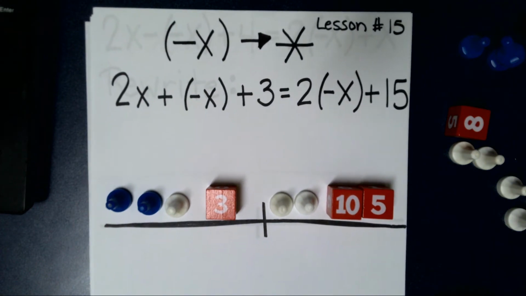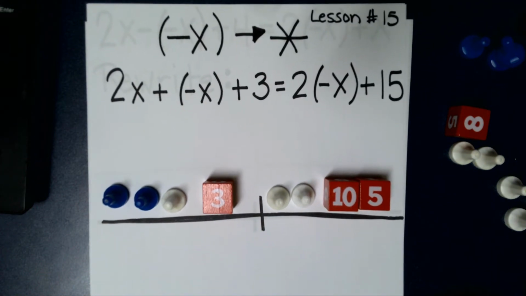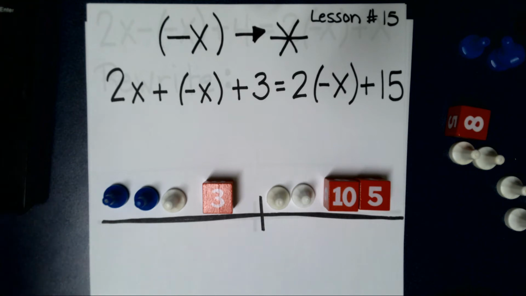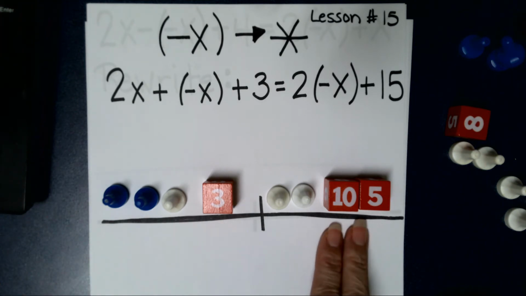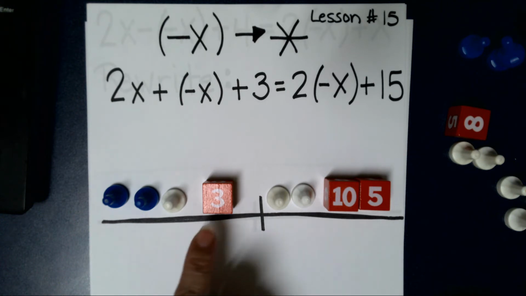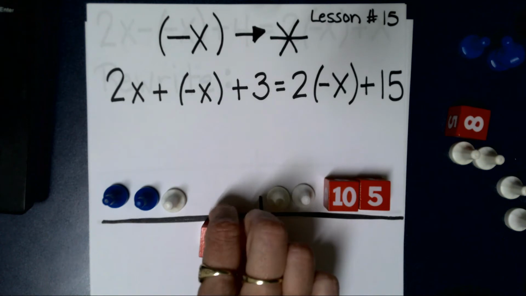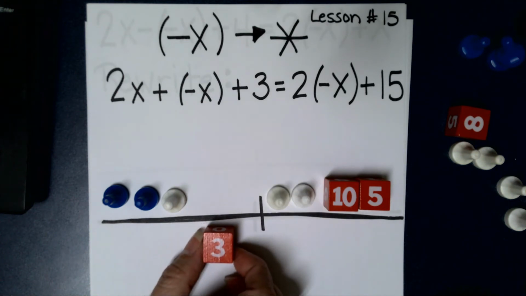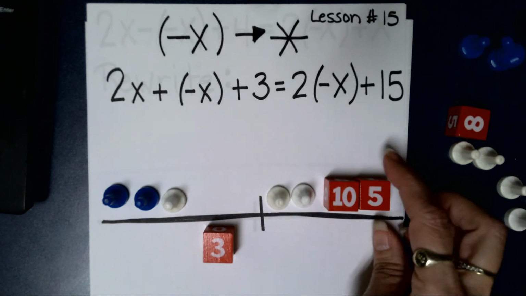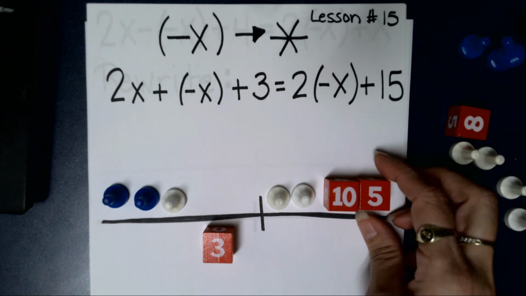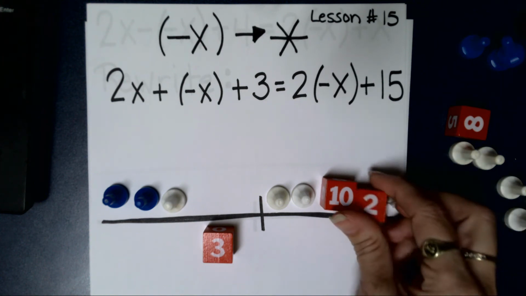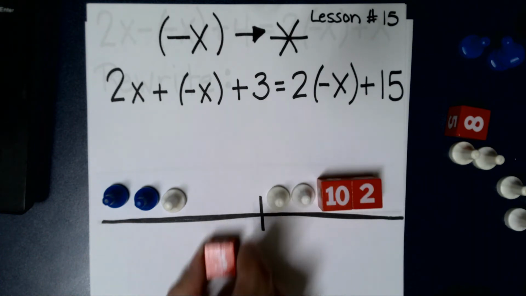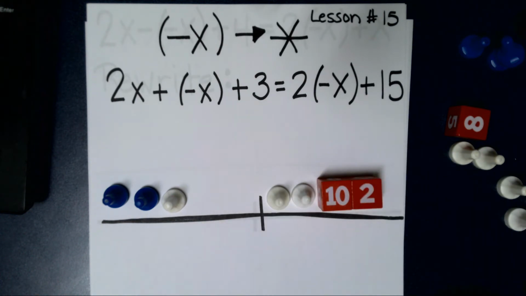We want to remember that we are going to move our number cubes first. So if we have 3 on the left and 15 on the right, we're going to move the smallest number that we have. So that would be our 3. If we remove 3 away from the left side, we have to take 3 away from the right. So our 15 is going to turn into 12 because we took 3 away from both sides.